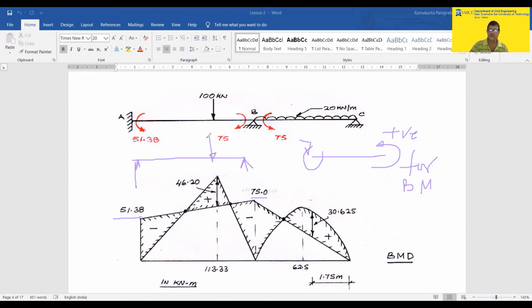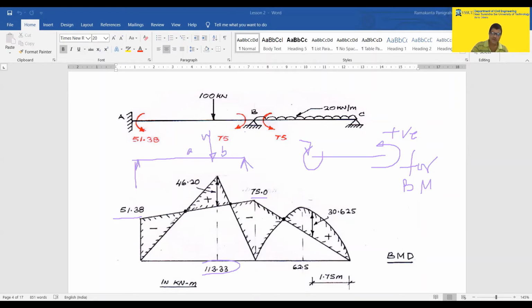The bending moment is equal to W a b by L. So you multiply 100 into 4 into 2 by 6, and that will give the value of 113.33. So this is the total value. Similarly, you can draw here WL square by 8, which is 20 into 5 square by 8. So that value can be got here.